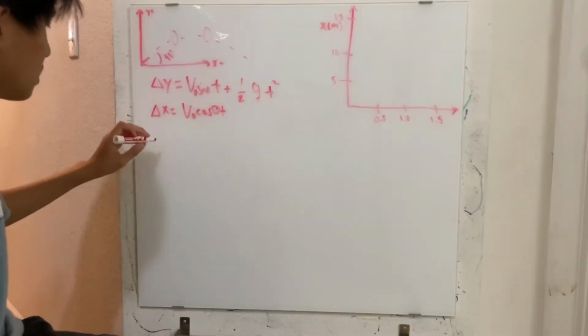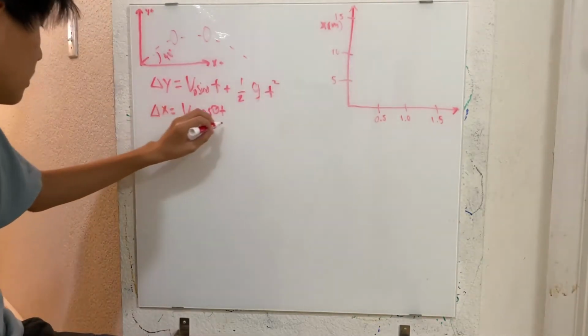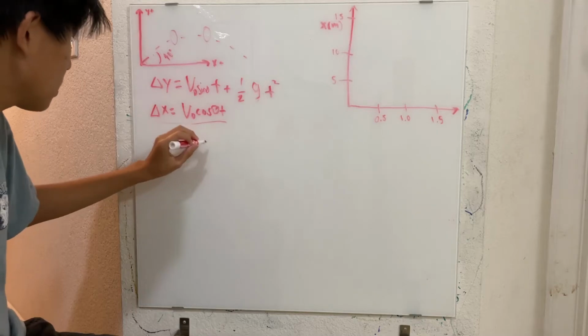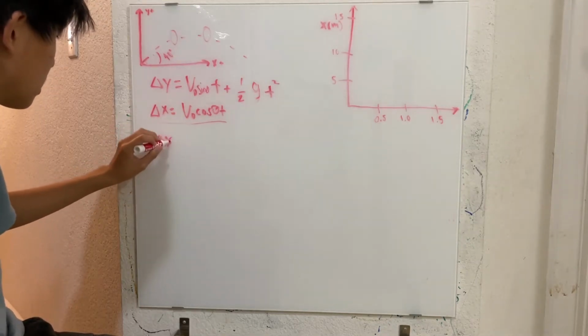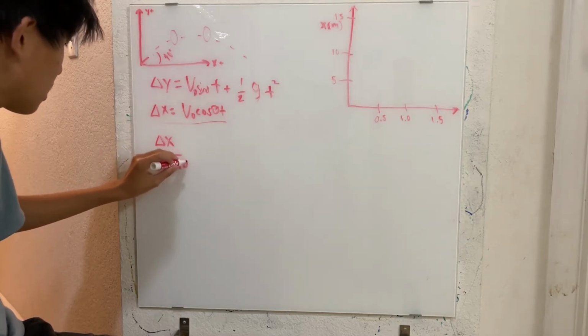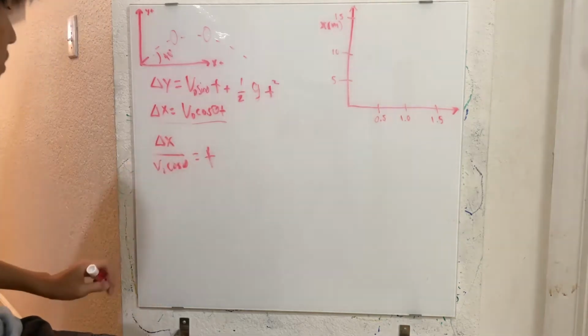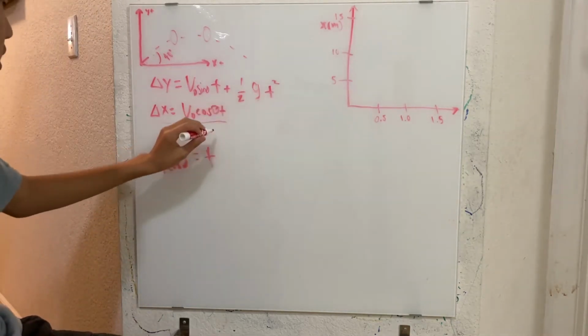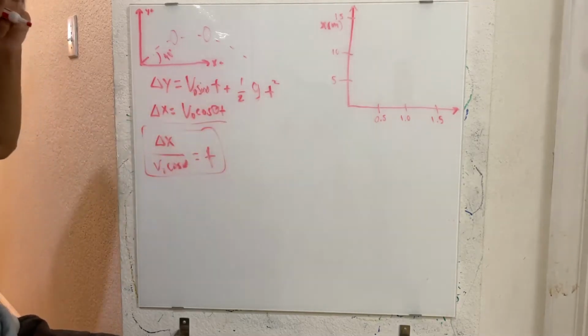So what I'm going to do here is isolate t for this equation. I'm just going to divide by v naught cosine theta, so it's delta x over v naught cosine theta equals t. And then what I can do here is plug this into each t here.